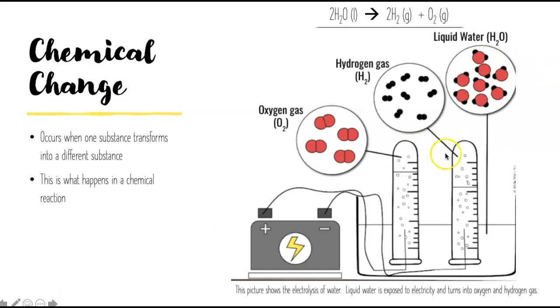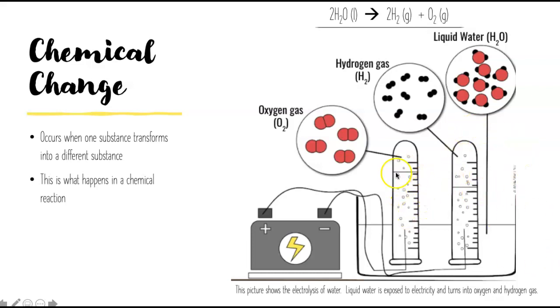So if you look here at the diagram on the right, we have liquid water. Again, you can see those water molecules. And for that liquid water, we've got a battery here, and the battery is taking this tub of water and separating it into the two substances that make up liquid water, hydrogen gas and oxygen gas.